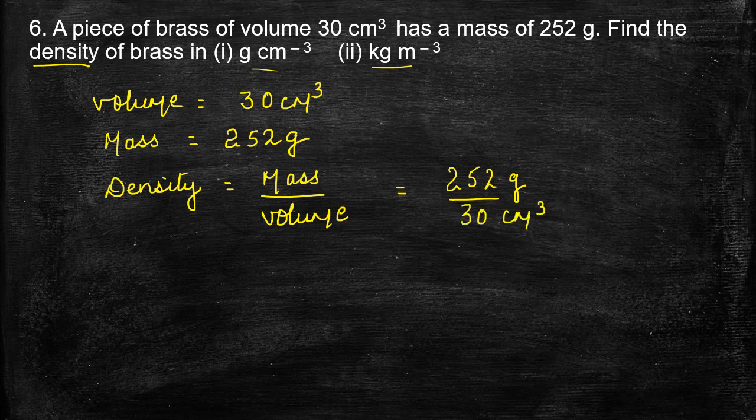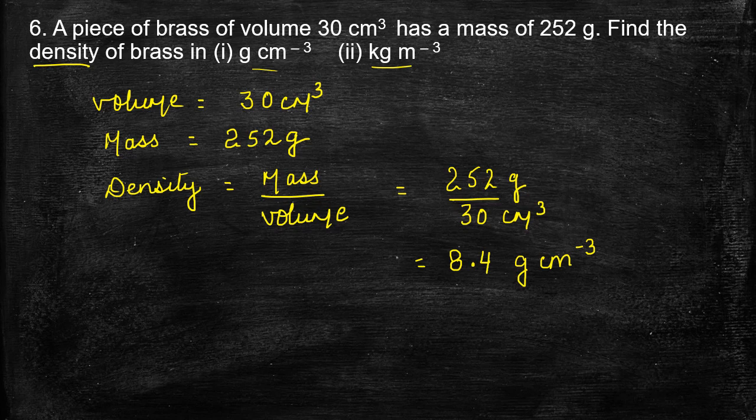So when you will divide 252 by 30, you will get 8.4. And here mass is in gram, volume in centimeter cube, so density will be in gram per centimeter cube.